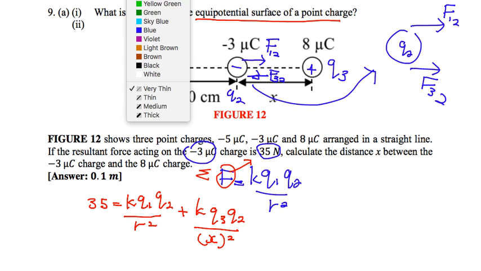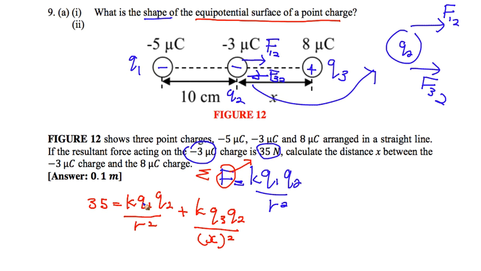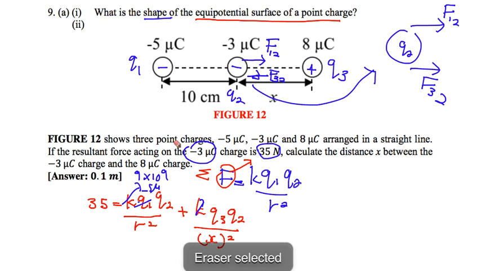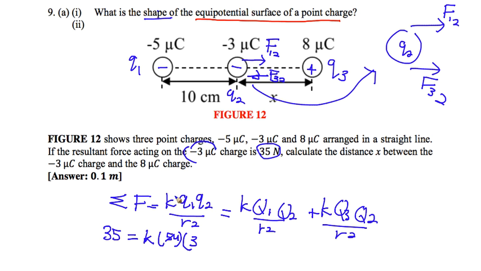Here are the values given by the question. K is a constant, 9 times 10 to the power 9. This is k also 9 times 10 to the power 9, and the charge q1 is minus 5 microcoulombs. For q2, there is no need to use a negative sign here.